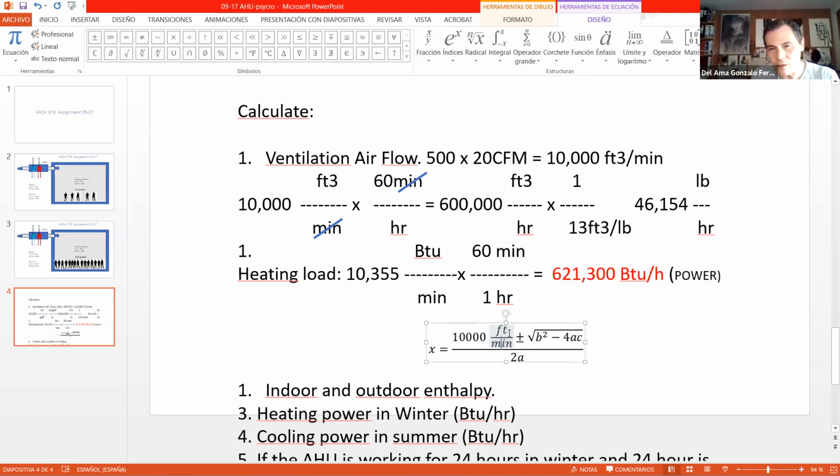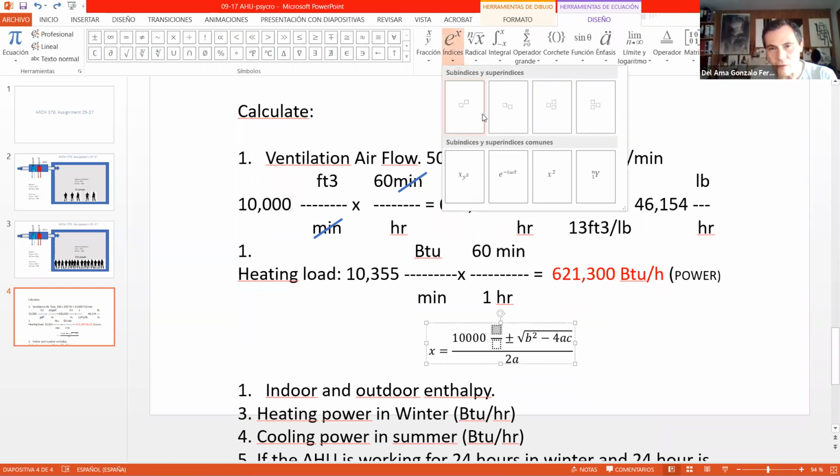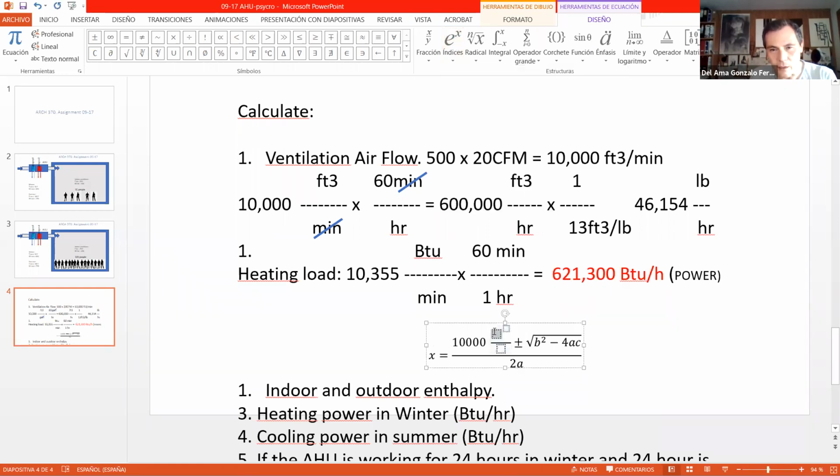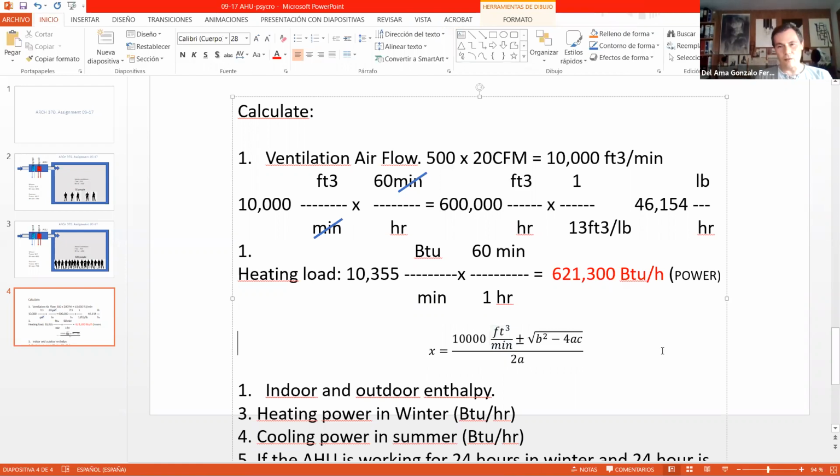But this is not cubic. So what can we do? Before doing this, we can insert an exponential function here, like this. So here there will be cubic feet per minute. So it looks better. Don't you think so?